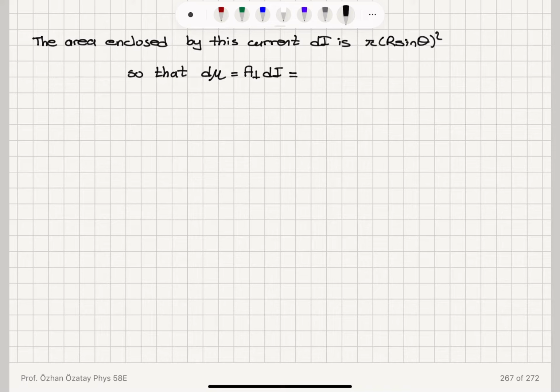So this gives us minus e v divided by 8 pi squared capital R multiplied by the area pi R squared sine squared theta. Now you can see that the R squared will get rid of this R, so this R will get rid of the square, and pi will get rid of this square.